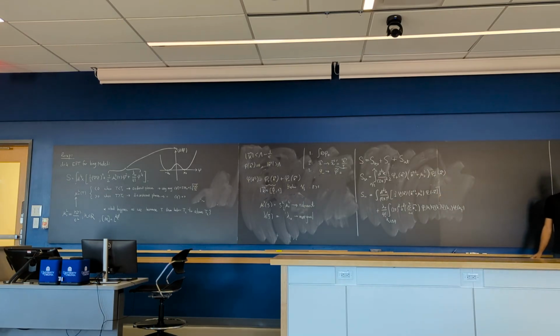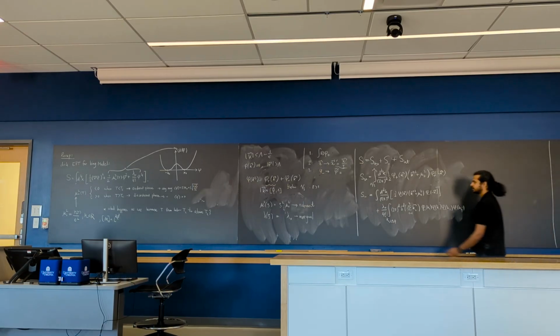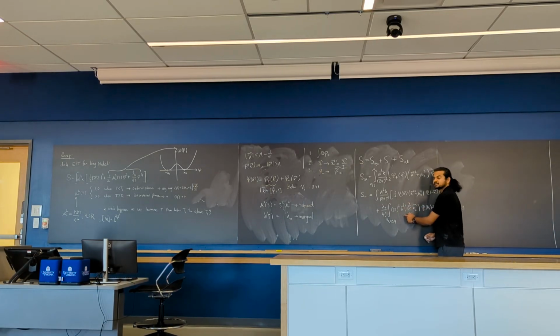Just Fourier transform. This is nothing but the integral d^d x phi minus of x to the power 4.